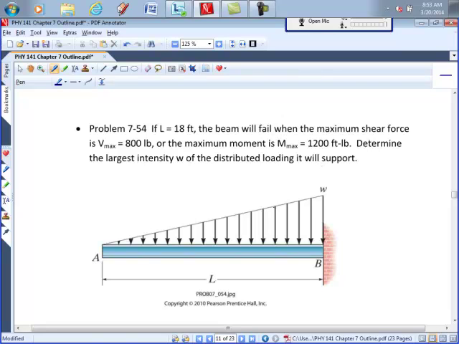This is not a uniform distributed loading, this is a triangular distributed loading. What should we do first? Change the loading into a single force.